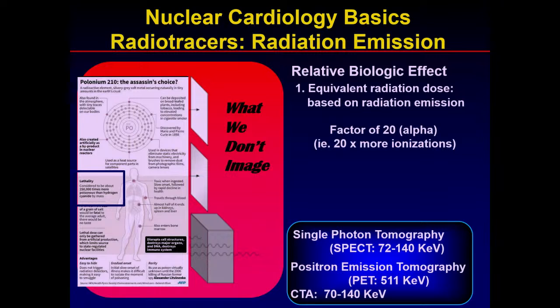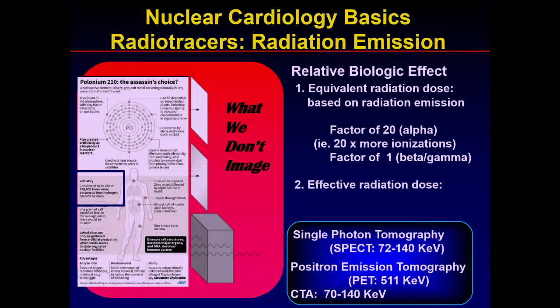I think you probably remember a Russian spy several years ago that was killed with alpha radiation in just several days. So alpha radiation is actually quite deadly, whereas beta and gamma are only a factor of 1, and so they're much less dangerous to tissue.